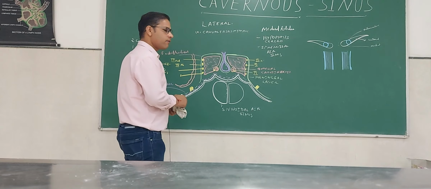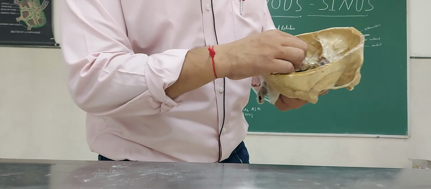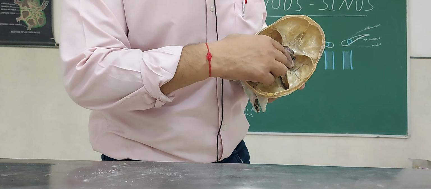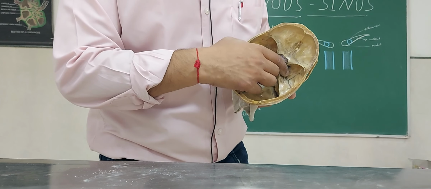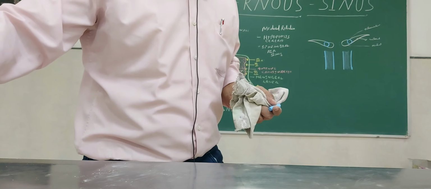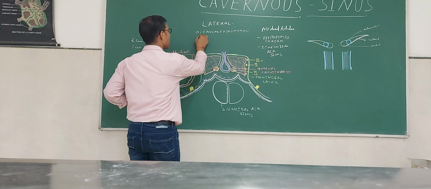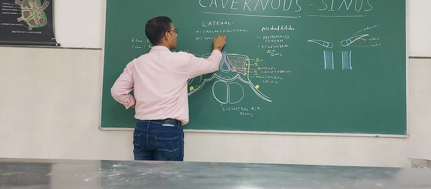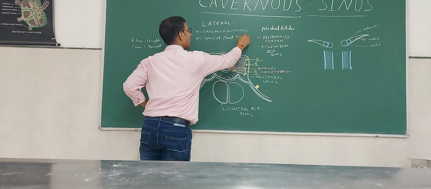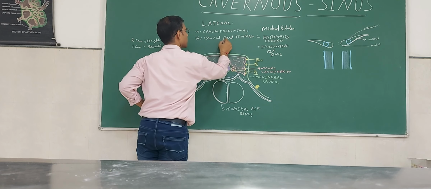Not only that, in this area, the greater wing of the sphenoid bone has the temporal part of the bone, especially the uncus part of the temporal lobe of the brain, which is associated with this one.